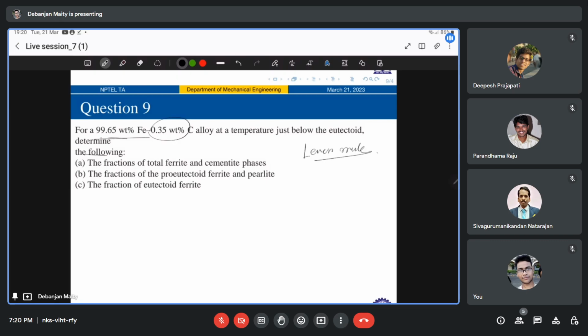So your C naught is 0.35 weight percent.